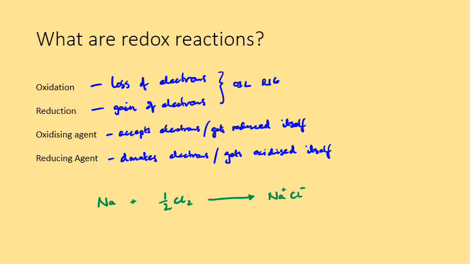What we can clearly see is that sodium is losing an electron. It's donating its outer electron, so that makes it the reducing agent. It's donated its outer electron and it gets oxidized.